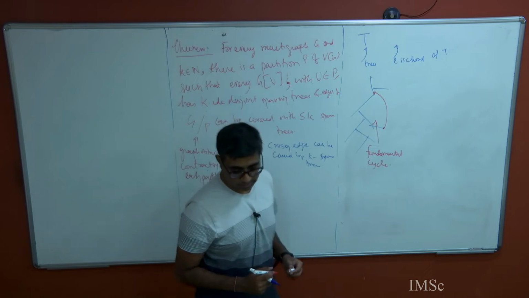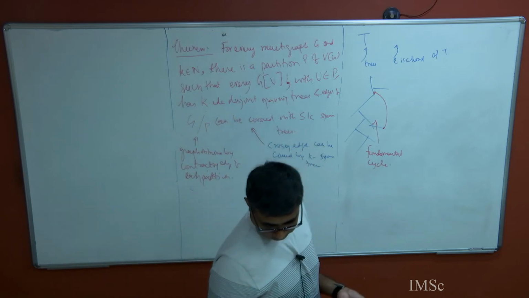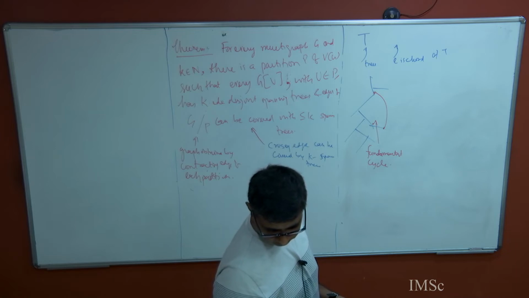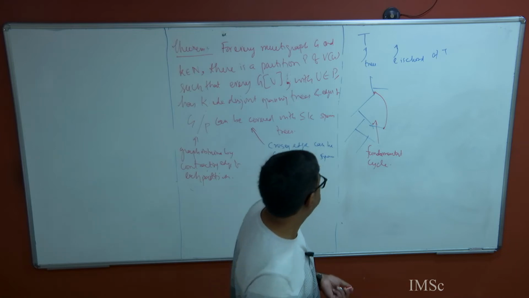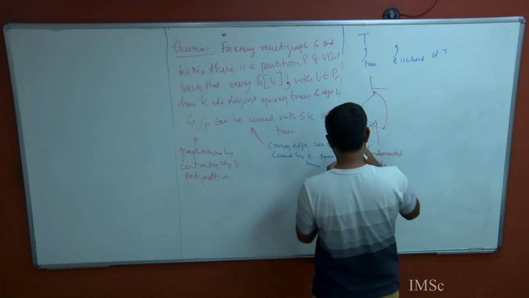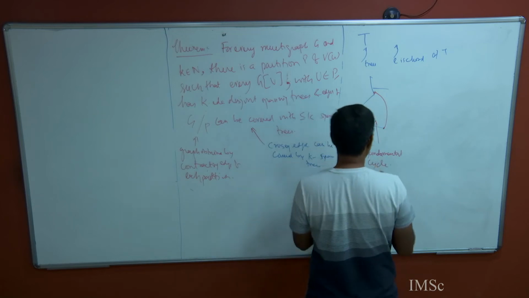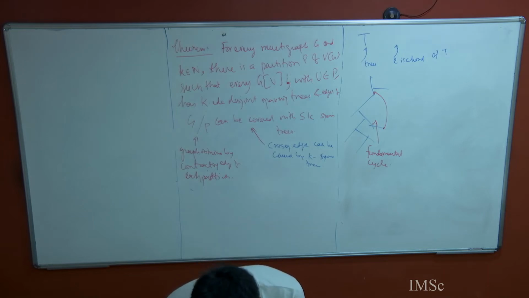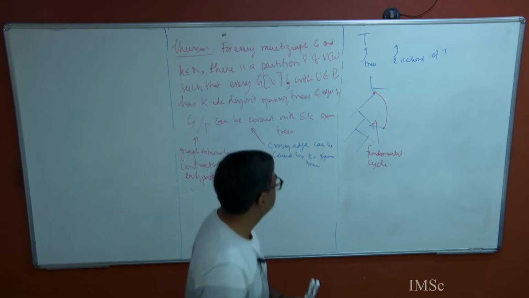Let e be a chord and let f be an edge on its fundamental cycle. What will be a non-fundamental cycle?